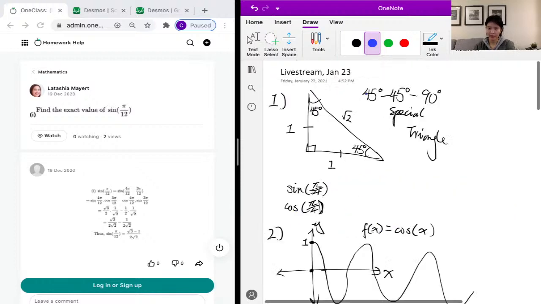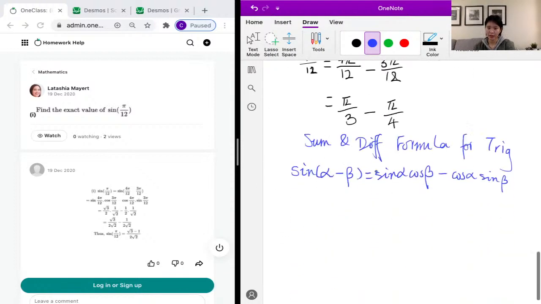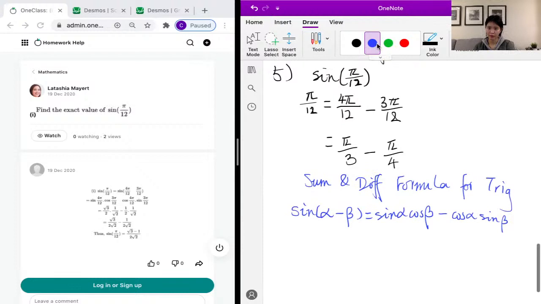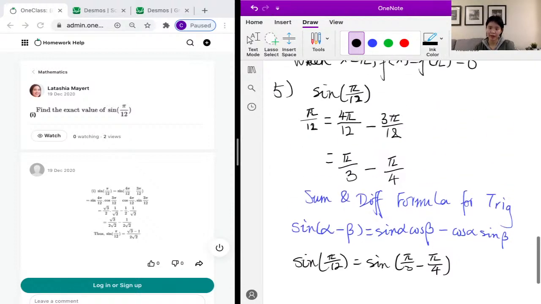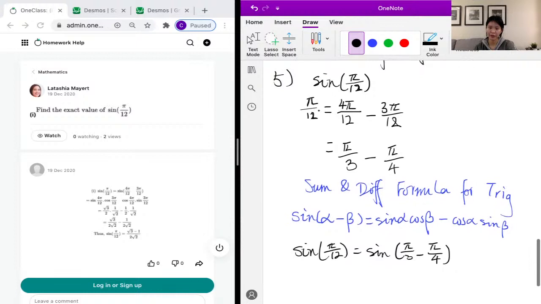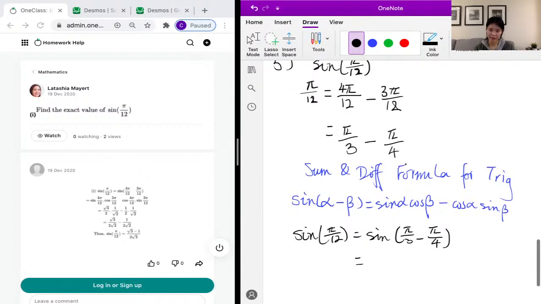So for our function, sine of pi over 12 is equal to sine of pi over 3 minus pi over 4, because pi over 3 minus pi over 4 is equal to pi over 12. Then we just apply the sum and difference formula.